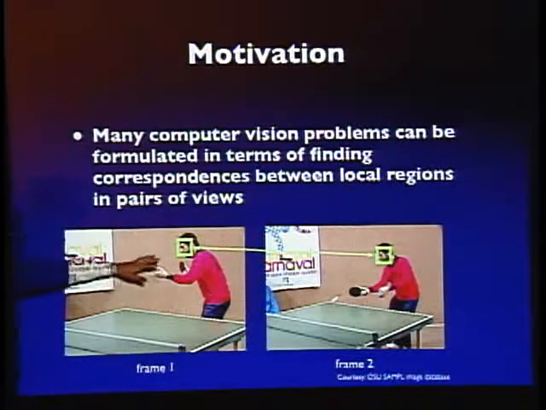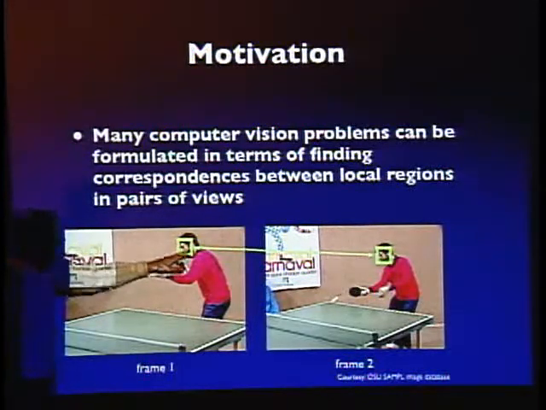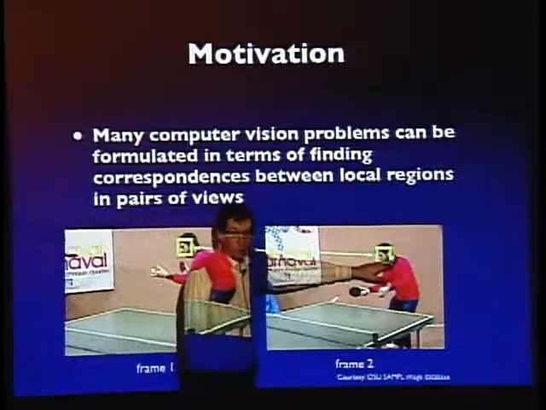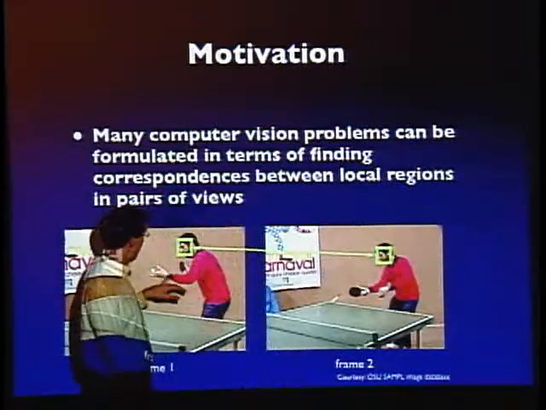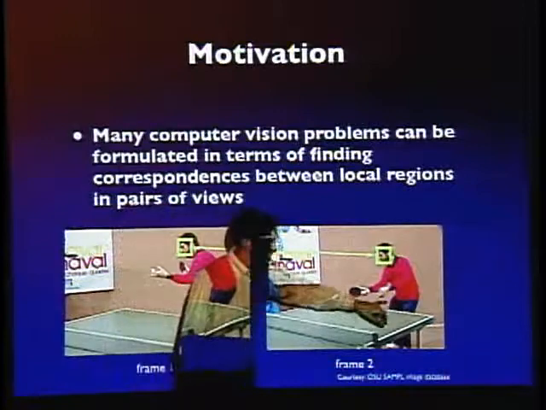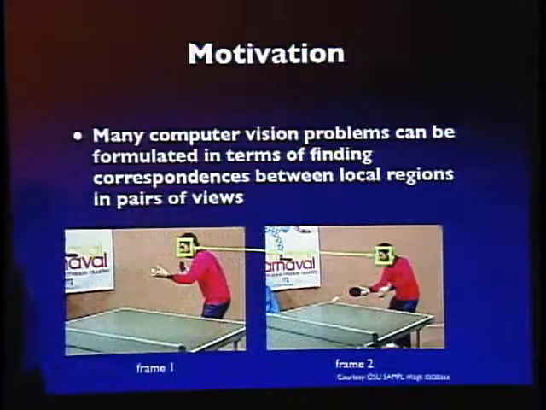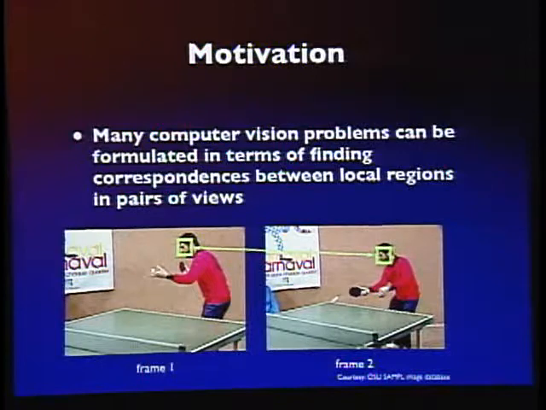So, for example, I want to be able to identify that these pixels here correspond to these pixels here, and that these pixels here correspond to these pixels here. And if I can do that, I can again do that structure from motion thing and build up a 3D model of this guy as he's moving and going through a ping pong shot.